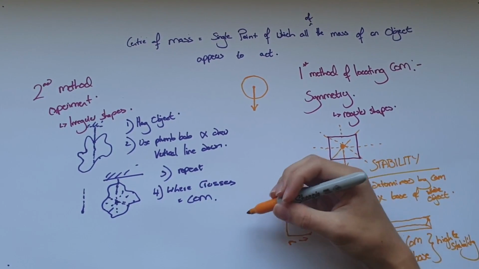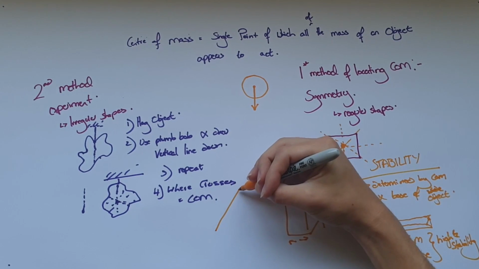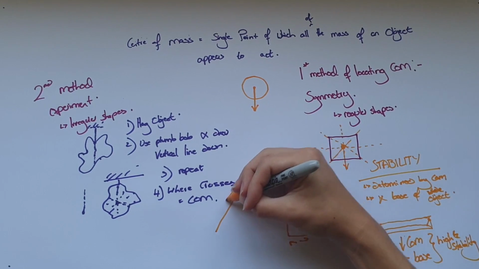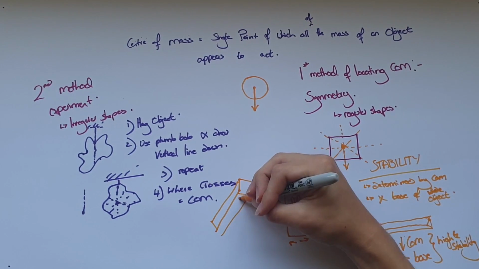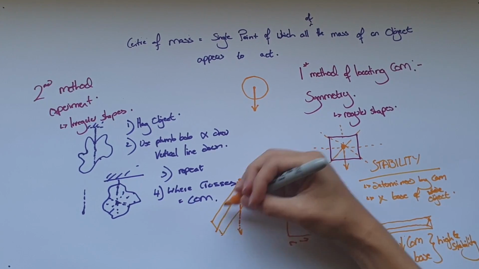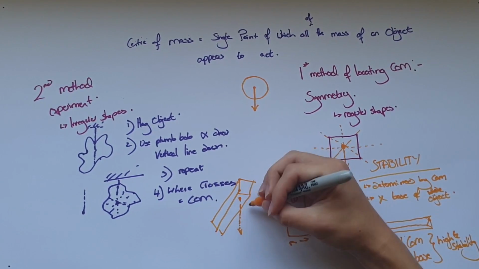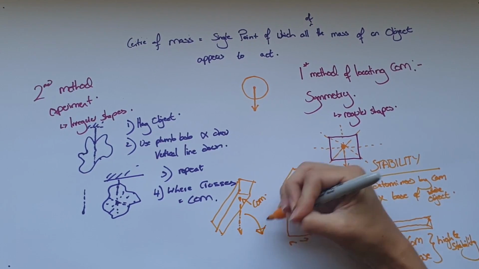So for this tall, unstable object, if it was toppling this way, the centre of mass here, if you draw a vertical line downwards, is not within the base of the object. And that means it's just going to topple over.